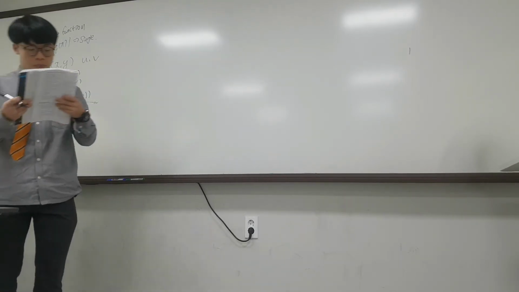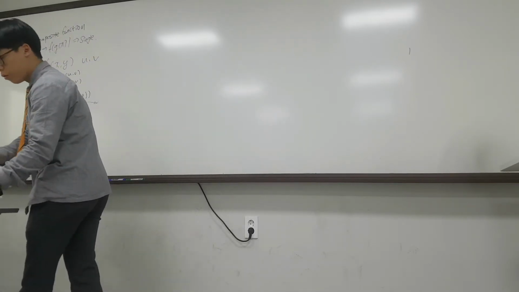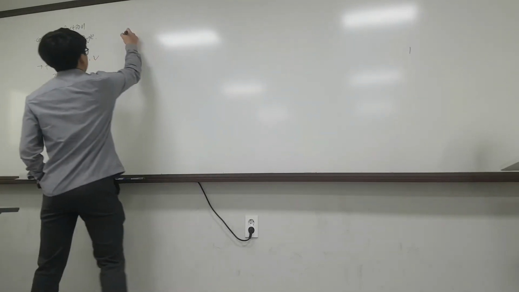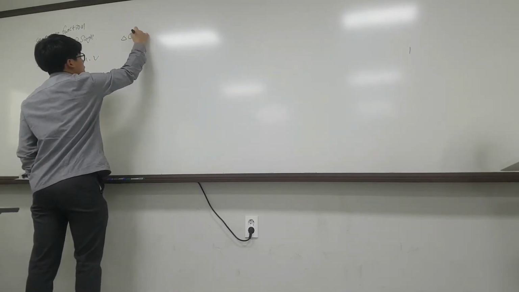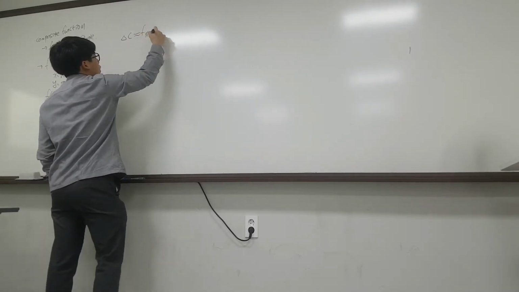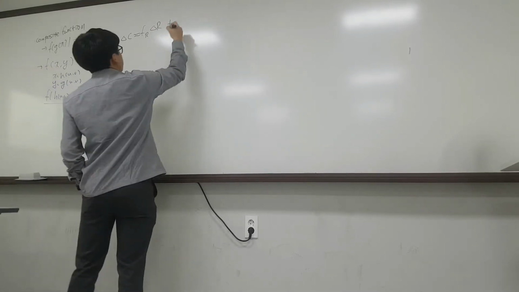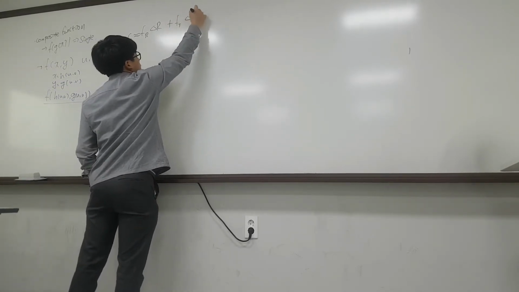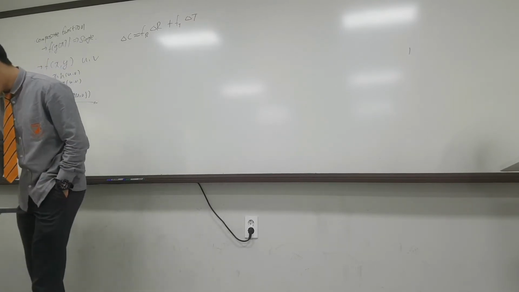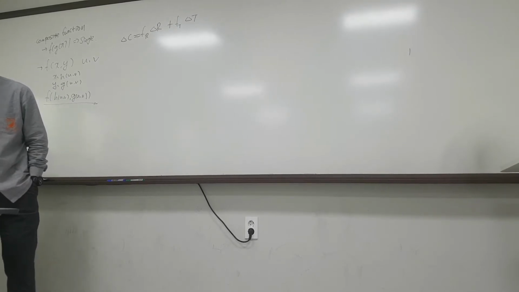If you look at example 1, do not read the question thoroughly, just look at the solution, and you can see the differential: delta C is approximately f_R delta R plus f_T delta T. From the question, we know that f_R is 3.3 and f_T is -5.